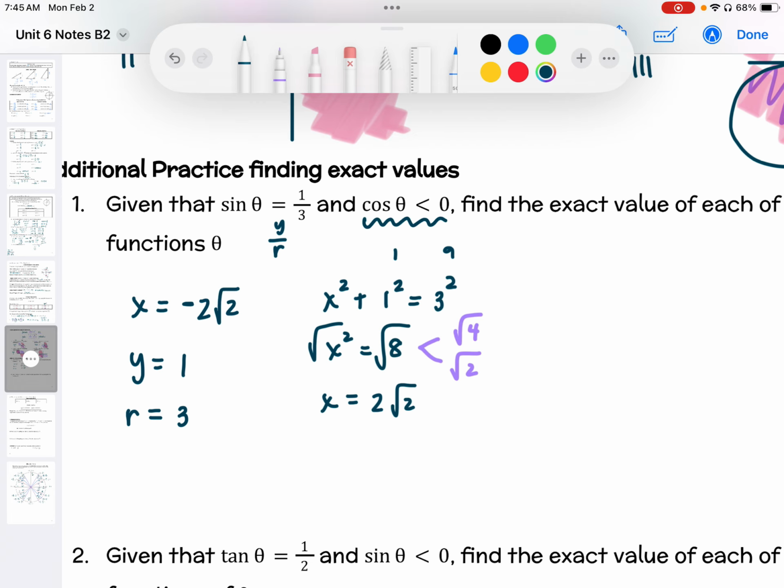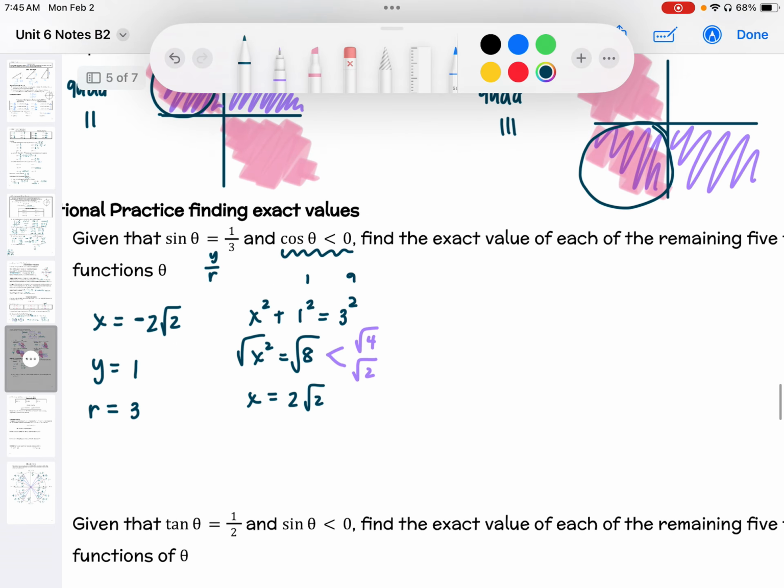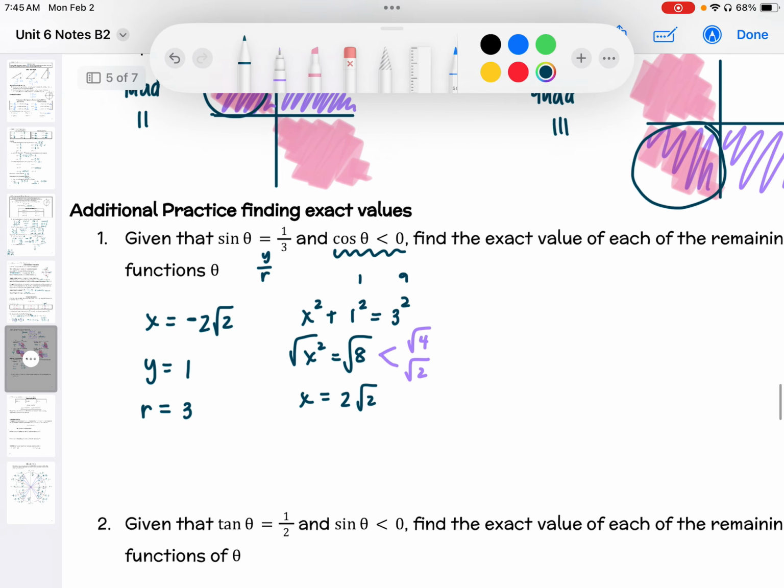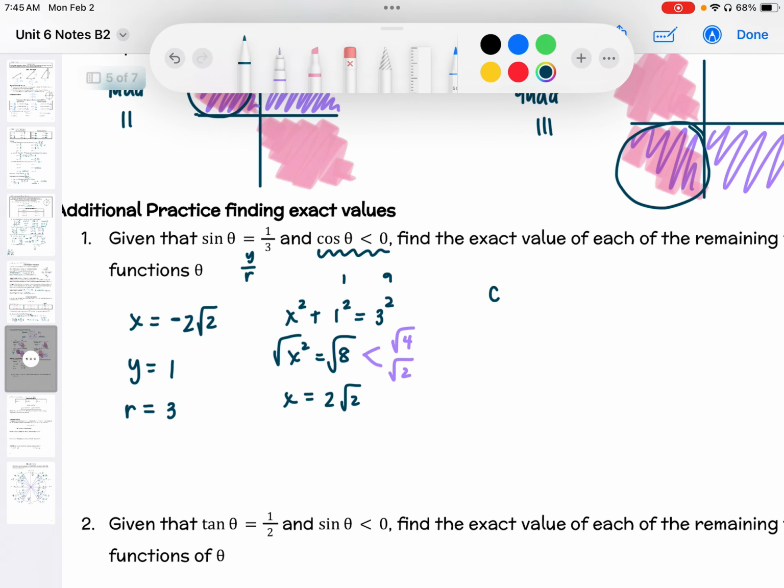So then the final part of this is to find the exact value of the remaining 5 trig functions. So we already found sine, so cosine of theta is going to be x over r, so we would have negative 2 root 2 over 3. Tangent of theta is y over x. So we're going to have 1 over negative 2 root 2.